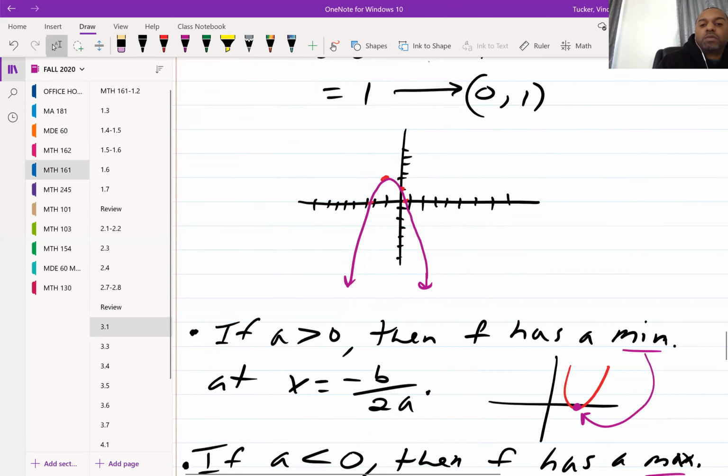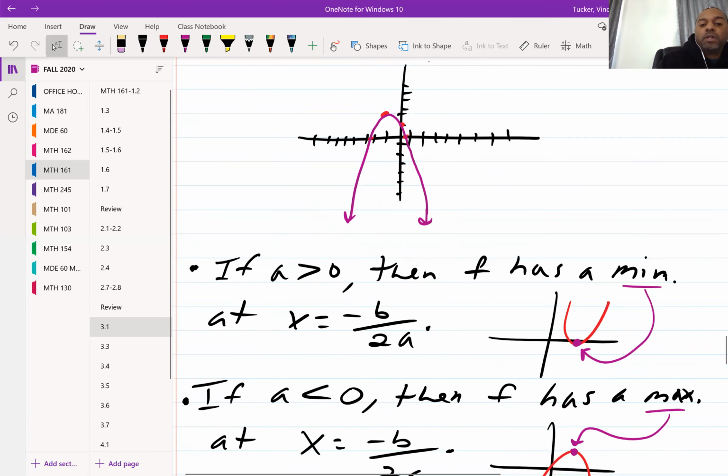All right, let's scroll up. The next thing that they point out in this section: if a is greater than 0, and we already mentioned this before, in other words, if it opens up, you're going to have a minimum. It's just connecting the fact that the negative b over 2a is going to be the x component of your minimum.